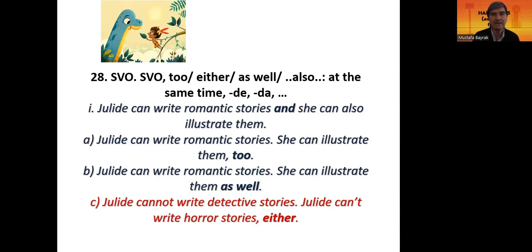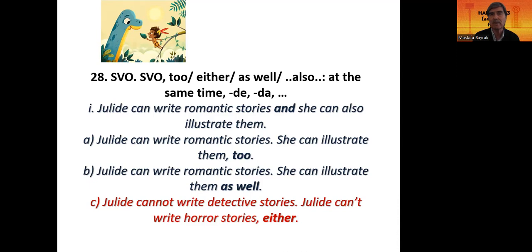Okay. 28. Subject, verb, object, comma, full period, and the second subject, verb, object, and comma to either as well. Also, yes, we know it. In fact, we have already learned it in simple sentences.